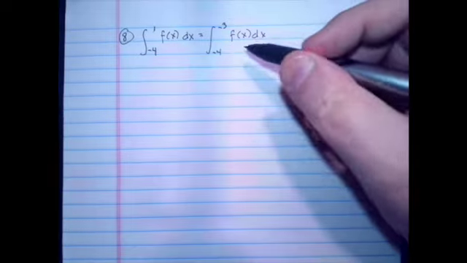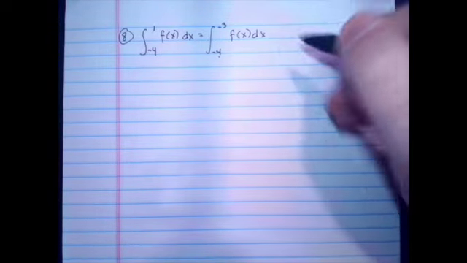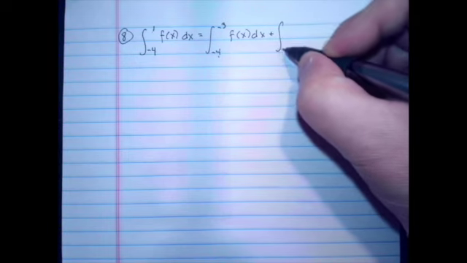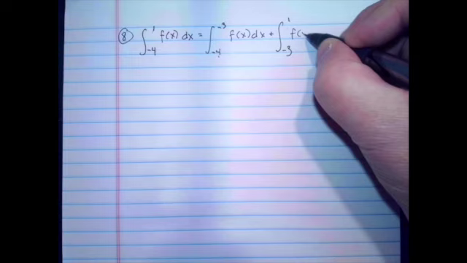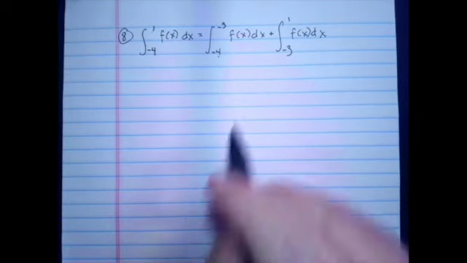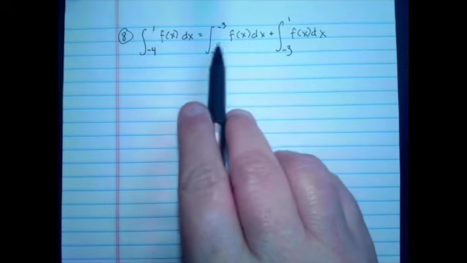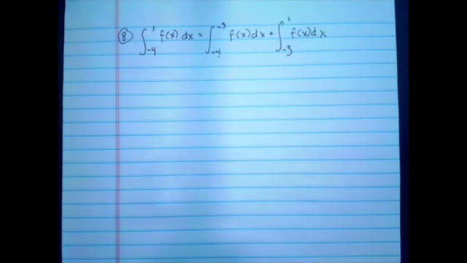So I'm going to split this up into the integral of f of x from -4 to -3 plus the integral from -3 to positive 1. Since the function is below the x-axis between -4 and -3, when we evaluate this integral we get a negative.